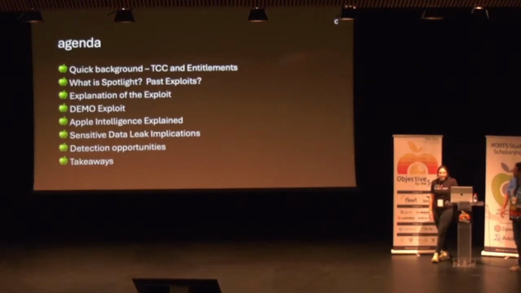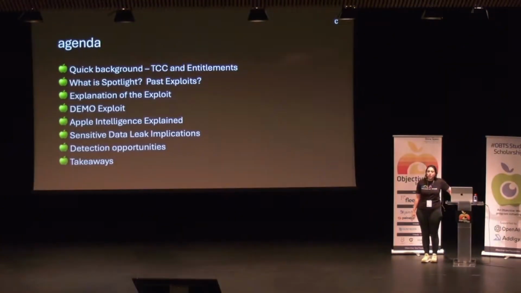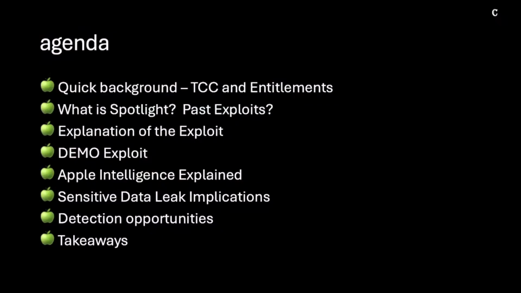All right, so before we get into what Sploitlight is, I'm going to give you a little overview of what we're going to talk about. We will give a background on TCC and entitlements. I know Wojciech gave a really awesome explanation of TCC yesterday, but just for the people that maybe didn't see that, we want to talk about it again. Also going to tell you what Sploitlight is, talk about the numerous past exploits that there have been.